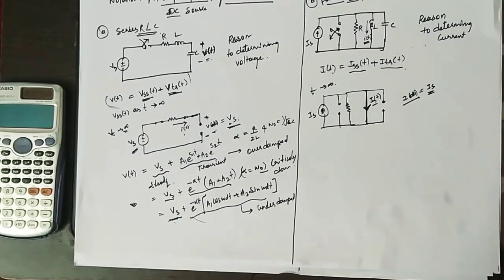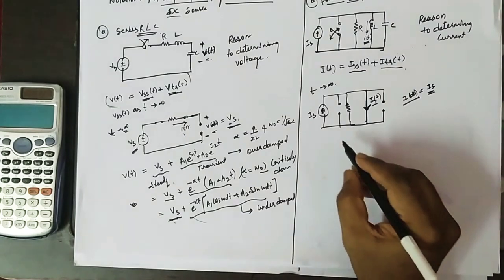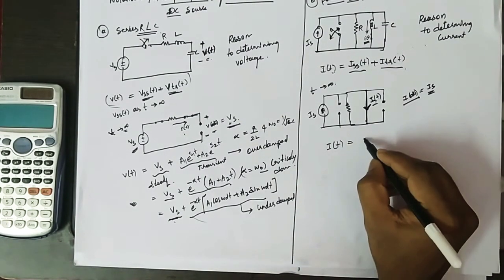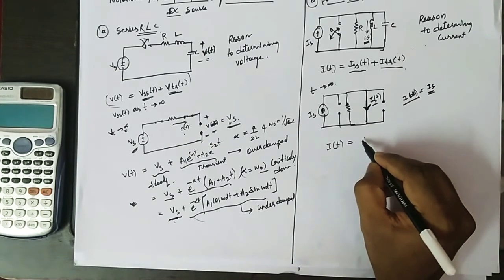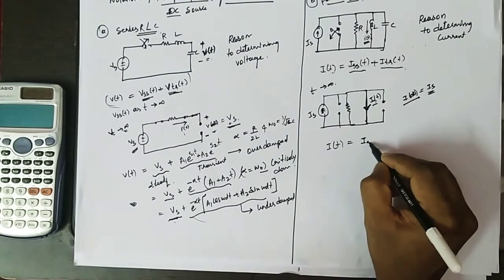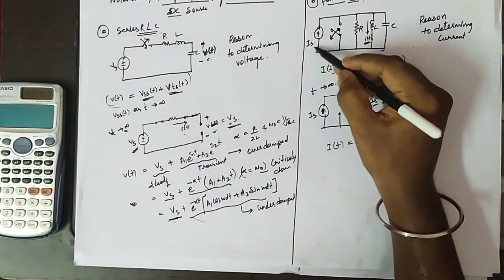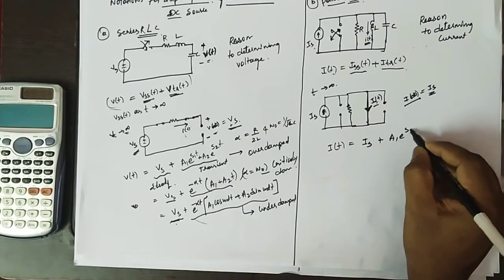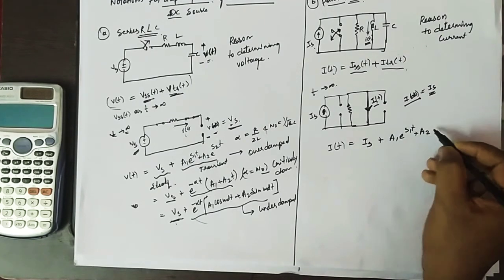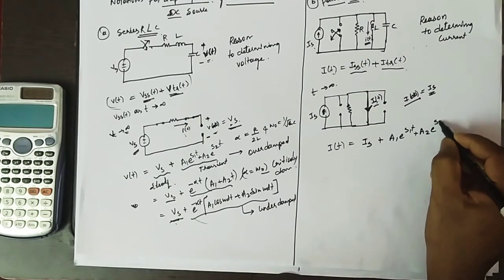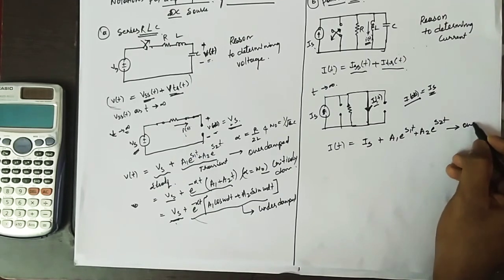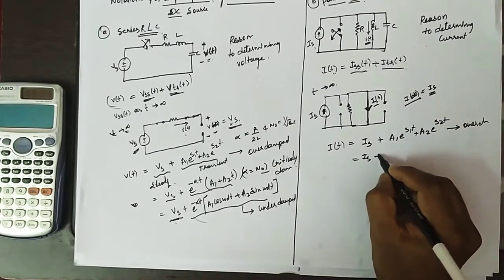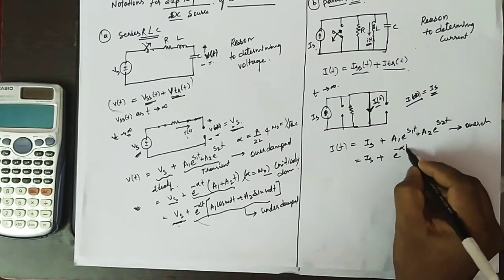I'll explain later. Similarly, the total response will be equal to steady state plus transient. Steady state is the supply current Is, plus A1 e^(s1 t) plus A2 e^(s2 t). This is overdamped. For critically damped, it is Is plus e^(-alpha t) terms.